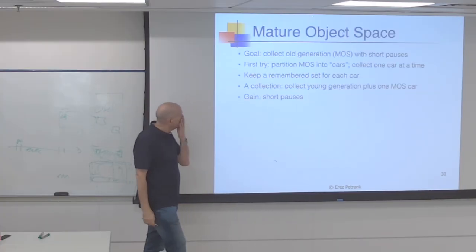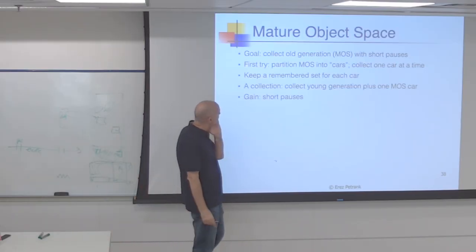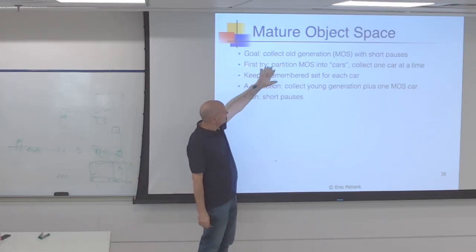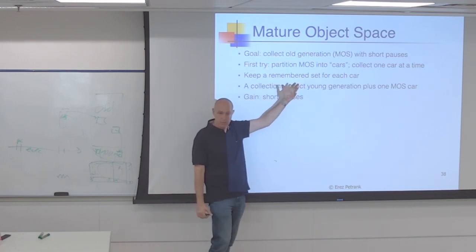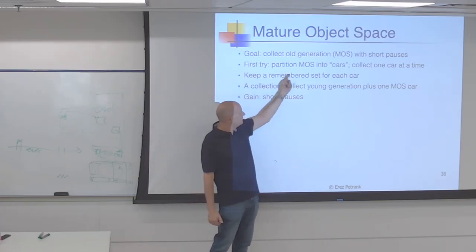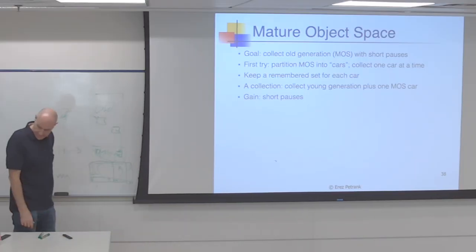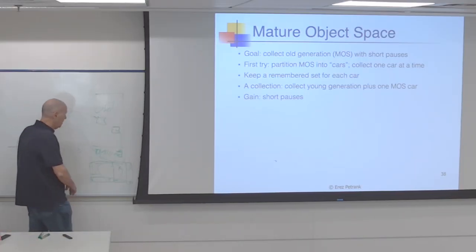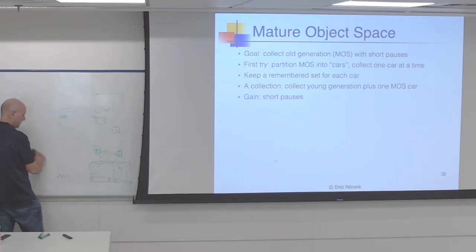Okay, so in the old generation, what we want to do is to collect it without long pauses. We want to be able to reclaim dead objects. The first try is: let's divide the heap into some, let's call them cars.